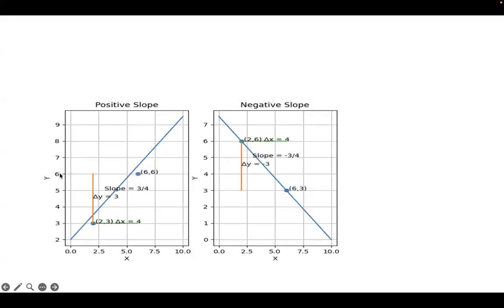We combined 6 on the x-axis, then 6 on the y-axis. That's where we got this point. Then we combined 2 on the x-axis, then 3 on the y-axis, and we got the coordinate of 2 and 3. That's where we joined the two lines to get this graph.